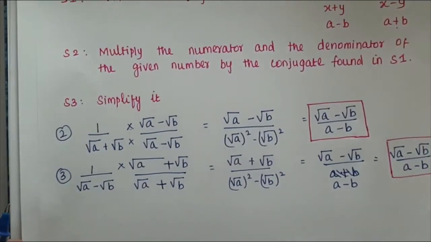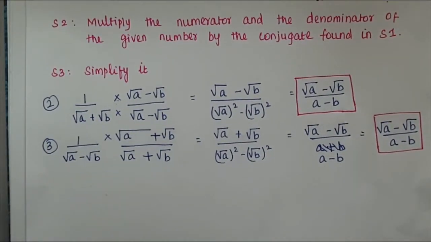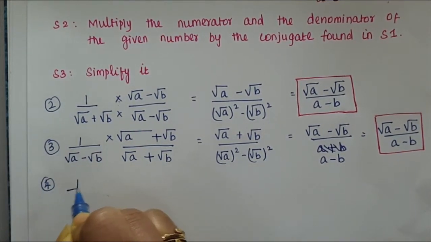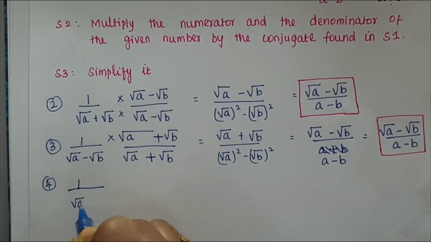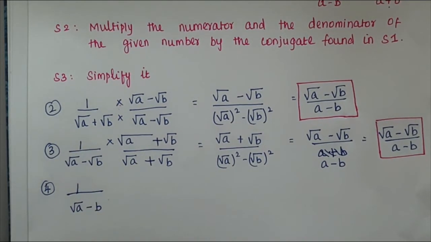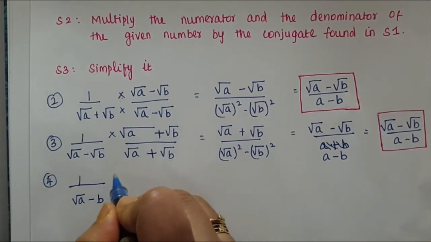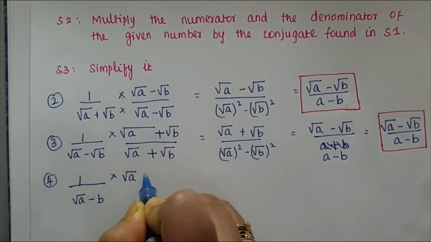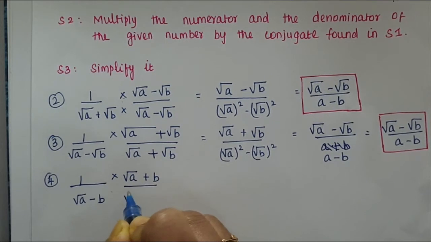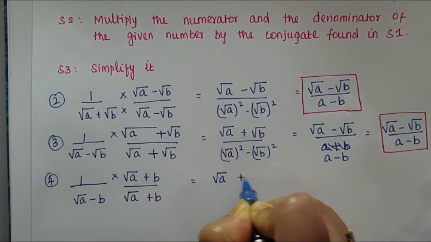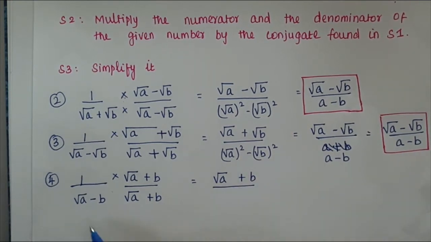Fourth one: 1 by square root of a minus b. The conjugate of square root of a minus b is square root of a plus b. So multiply the numerator and denominator by square root of a plus b. We get square root of a plus b by, here you can use the identity x minus y into x plus y, x square minus y square.